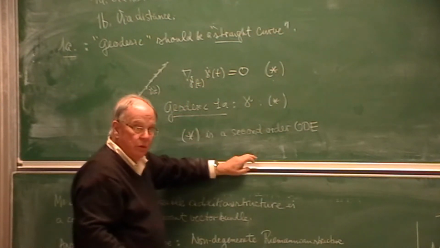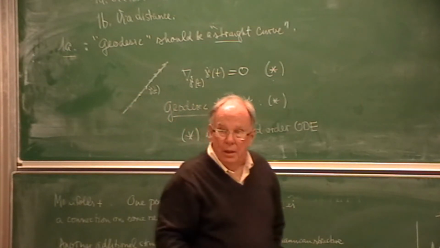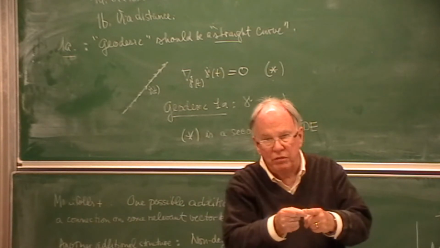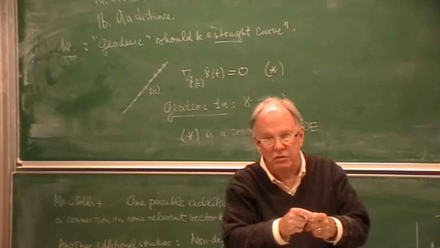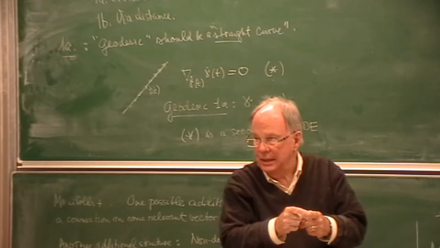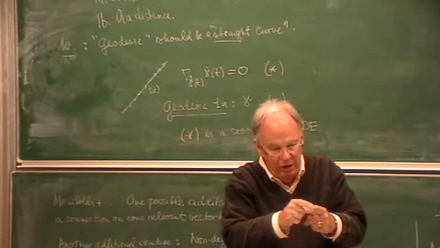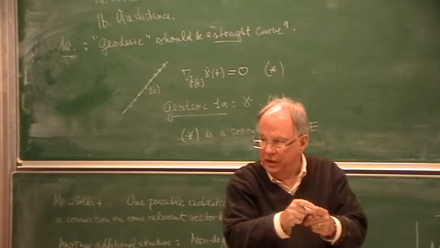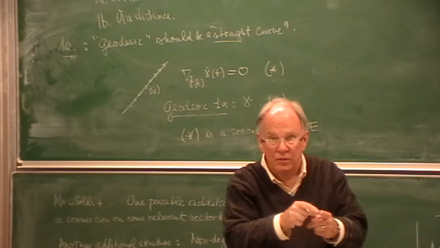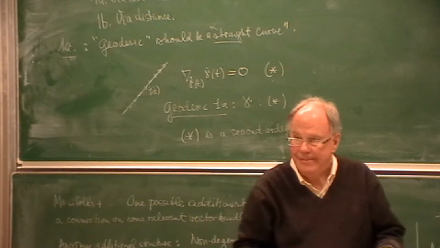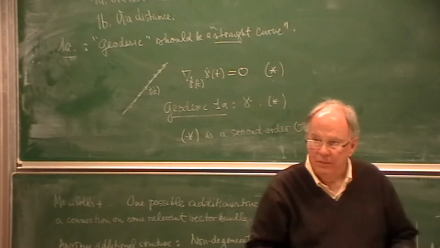So this is a second order ODE. And for a second order ODE, the initial value is the point of the initial value and the velocity of the initial value, all right? And that just says, if you fix the initial value and the velocity vector at the initial value, of course, you have a unique geodesic, and that's what you believe. Okay? That's what I'll talk about next time.